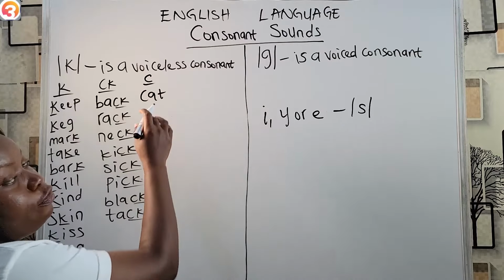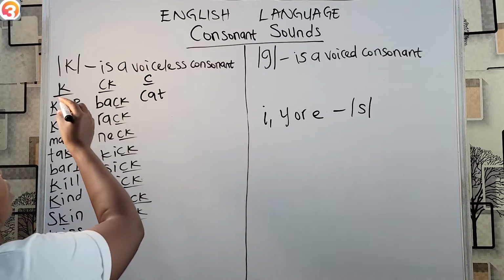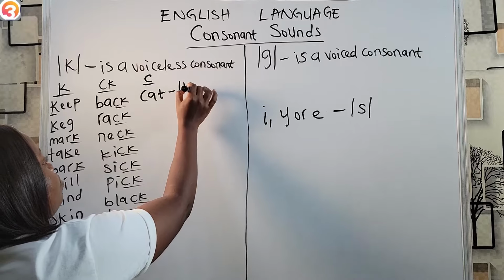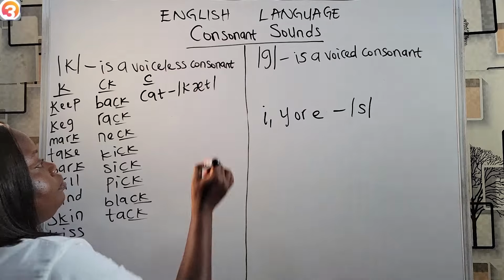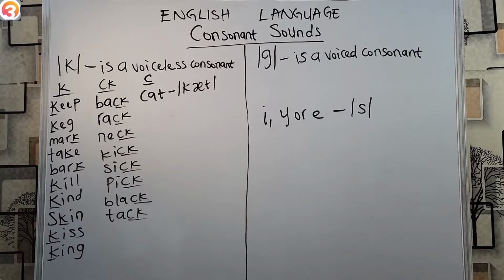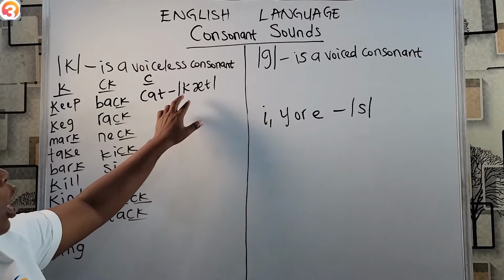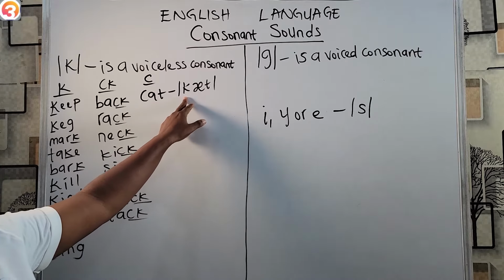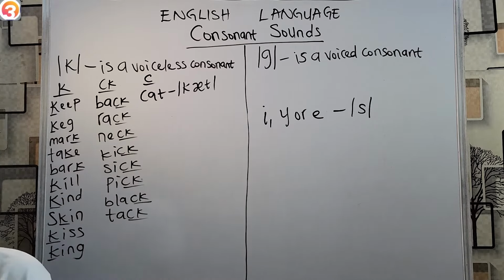Here, C is coming before A, so it's pronounced K. If you were to transcribe this, there is no C in our speech sounds or phonics. What we have is the consonant K.